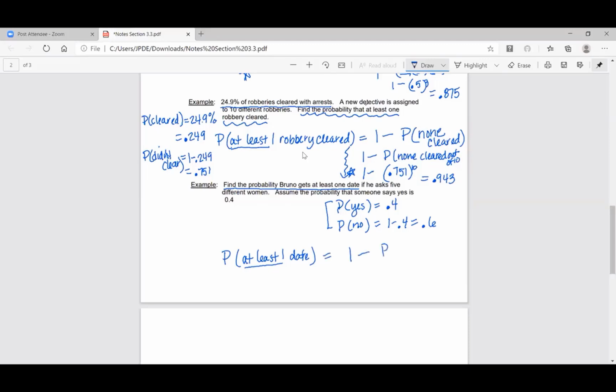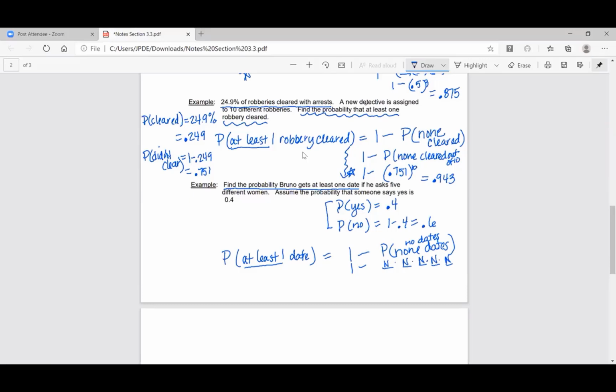1 minus the probability of no dates. I know that sounds weird, but that's okay. No dates. Well, he's asking 5 people. 1, 2, 3, 4, 5. If he gets no dates, the first one says no, and the second one says no, and the third one says no, and the fourth one, and the fifth one.